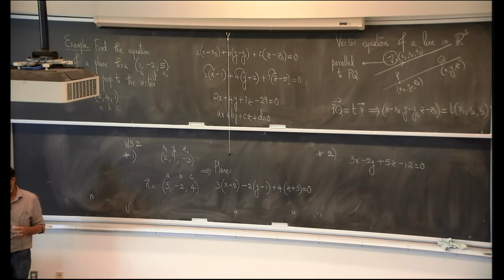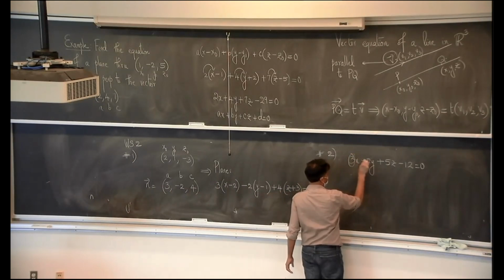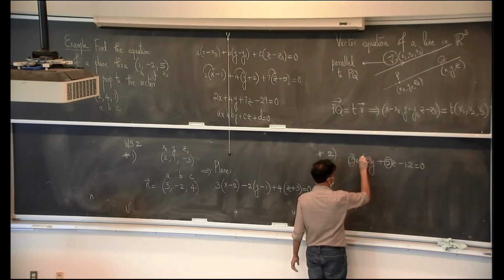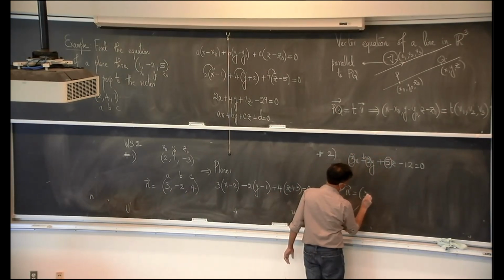Let me see if anybody online can quickly give me the answer. Find a vector normal to this plane. Don't reinvent the wheel, just 3, negative 2, 5. So just look at the coefficients of your x, y, and z with the sign, of course, and the normal vector should be 3, negative 2, 5.